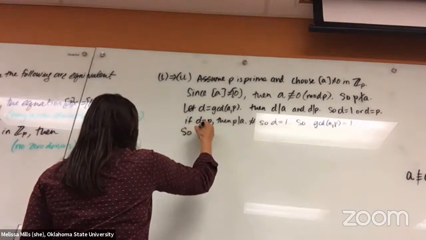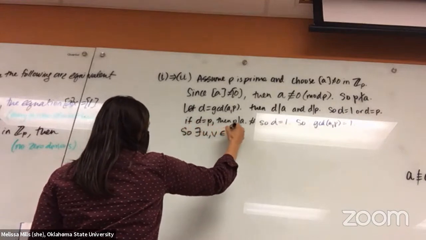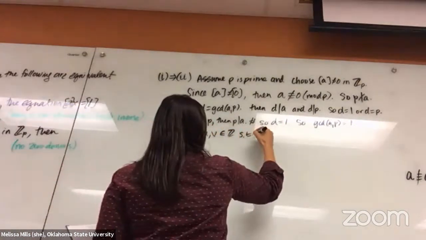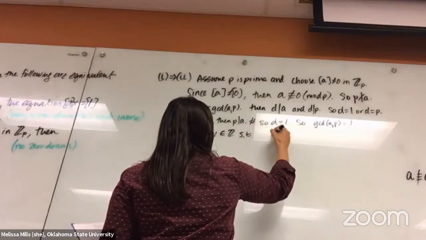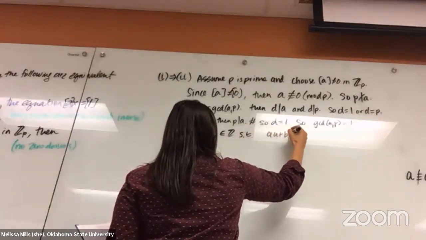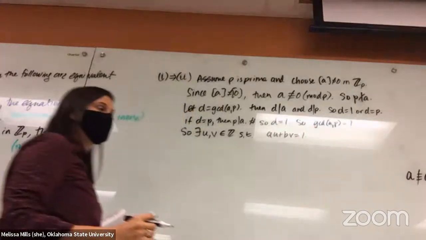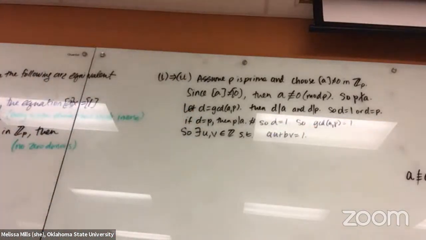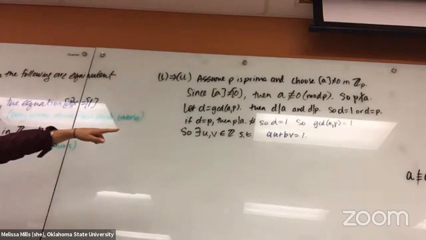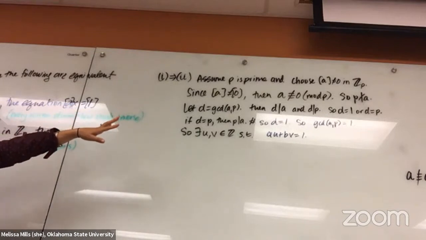So there exists a U, V in Z such that AU plus BV equals 1. Okay, where are we going? We're trying to get that this equation has a solution in Z mod P, right? So we're getting closer because now I have A times something and there's a 1 there, right?